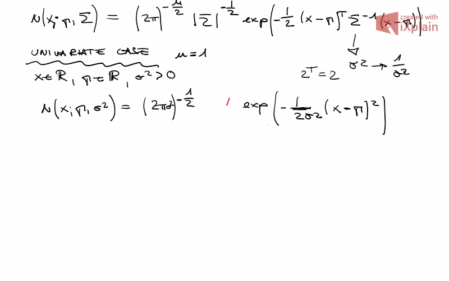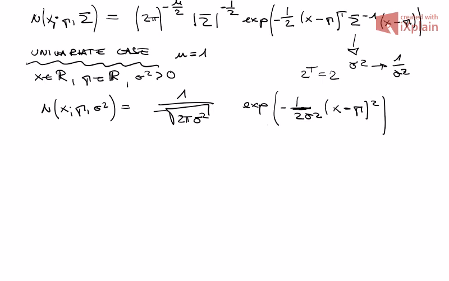Now we get rid of that. And then we have to the power of 1/2. So we have minus to the power of 1/2, that's 1 over to the power of 1/2, and to the power of 1/2 is square root.